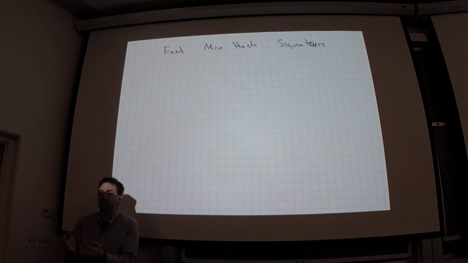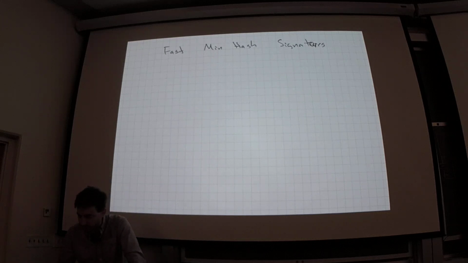Okay, and by signatures I mean these vector representations. I want to create this k-dimensional vector representation with these k independent things. And the trick is to have some sort of hash functions.